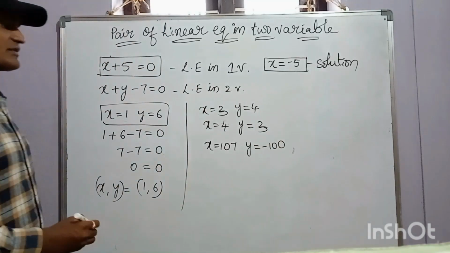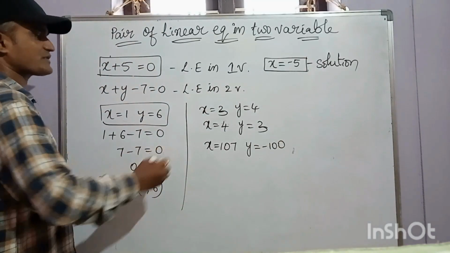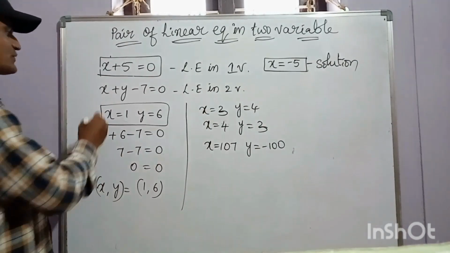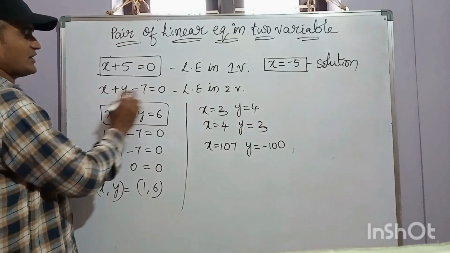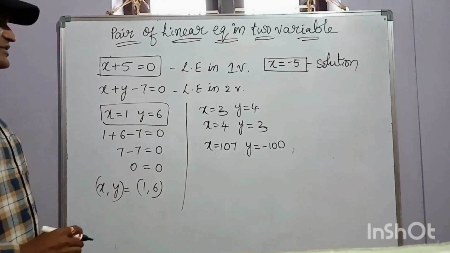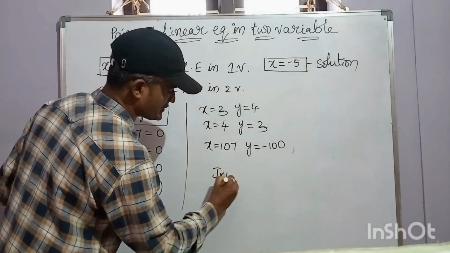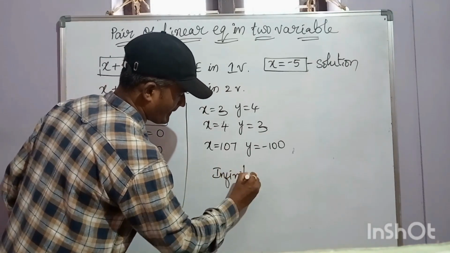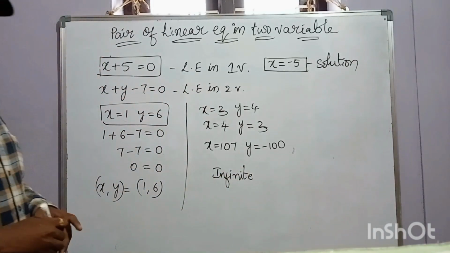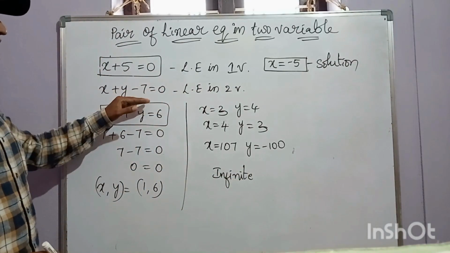Positive side, negative side, you can think, and you can take so many numbers in this list. So like this you have infinite solutions. This is one of the linear equations in two variables.